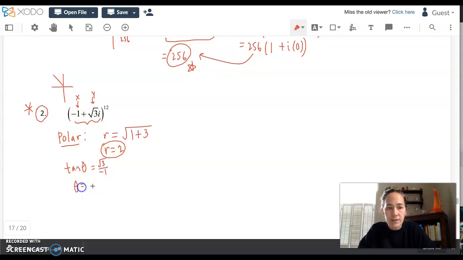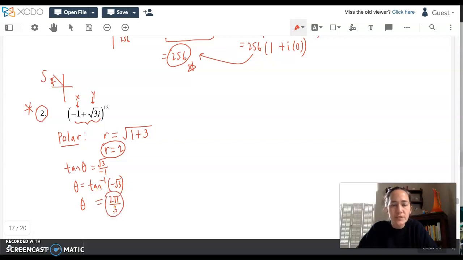I need to find the arctangent of negative square root of 3. Remember, we're in quadrant 2 where the tangent is negative. We've got to think of a good reference angle. Square root of 3 over 2 is the y value when you have a pi over 3 reference angle. So let's use theta equals 2 pi over 3, because we want to be in quadrant 2.